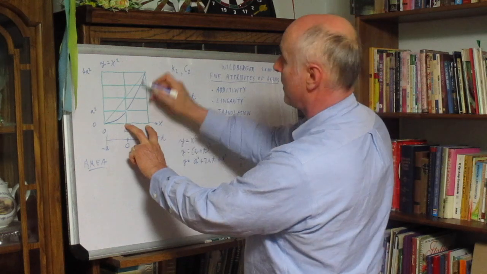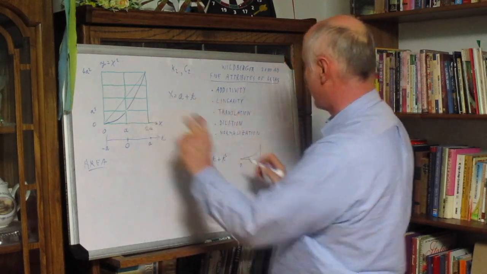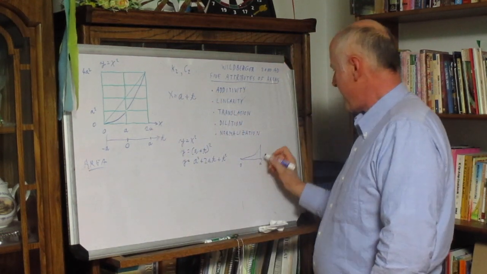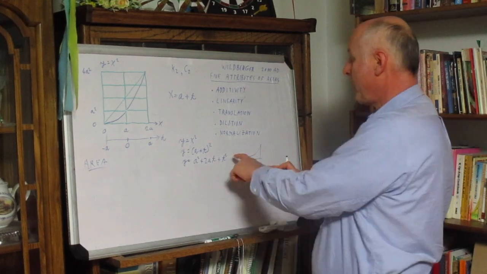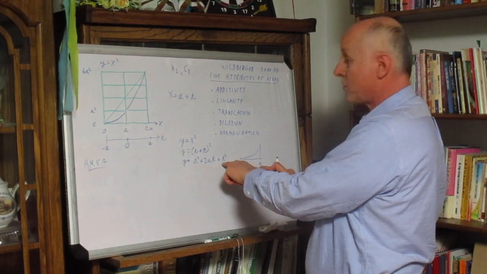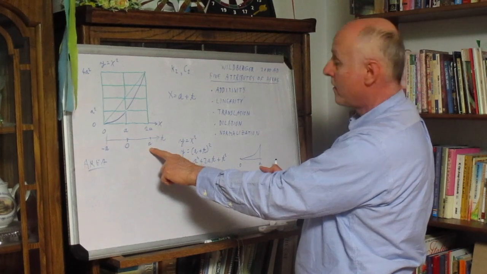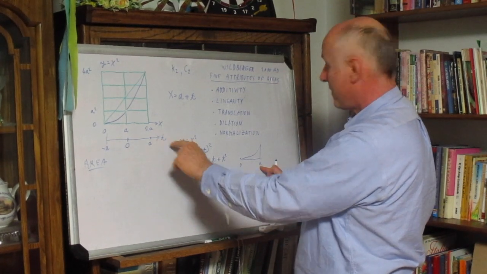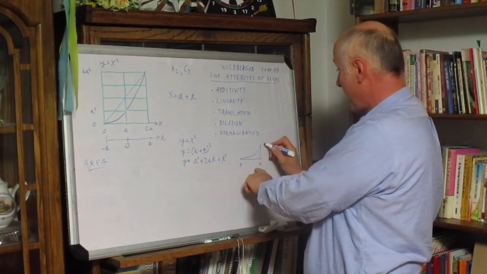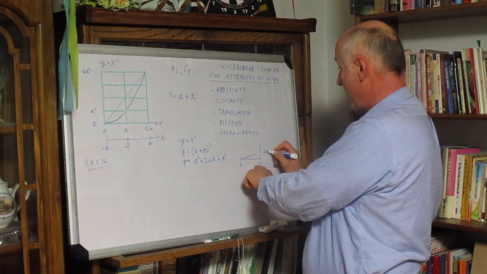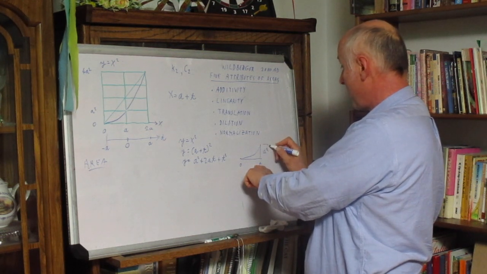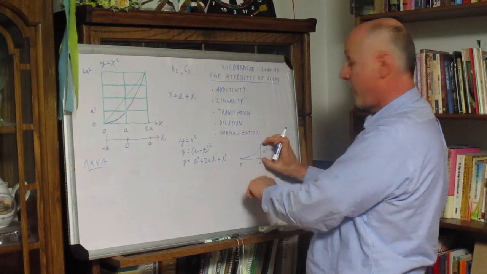We're going to be looking at really this kind of a wedge. If you plug in a into here, see this a? Plug that in, t equals a. What you get is a squared, right? That's the height over here.